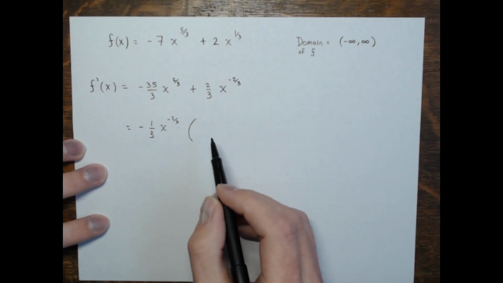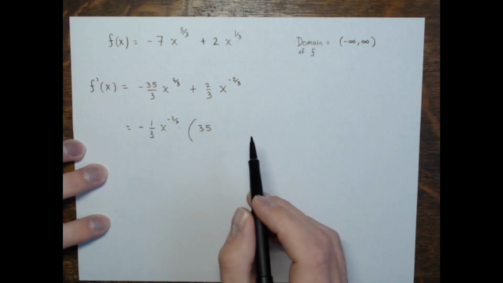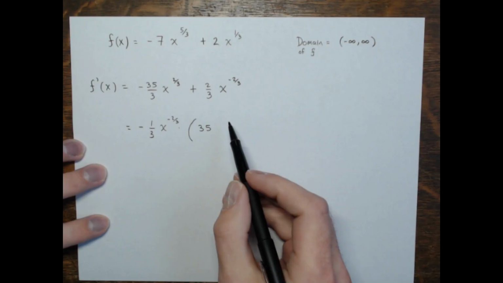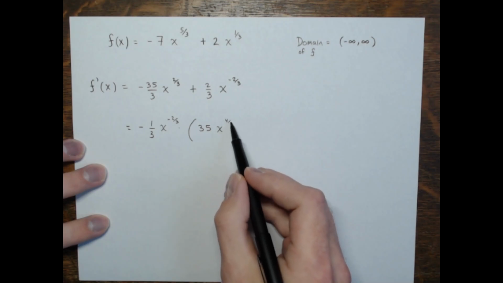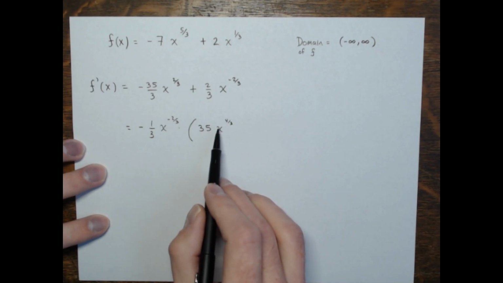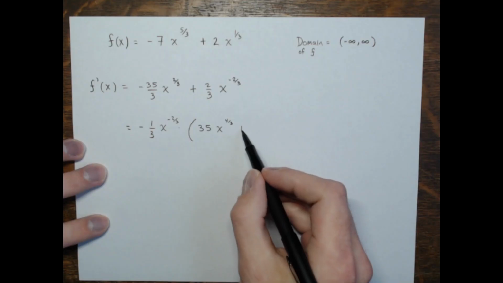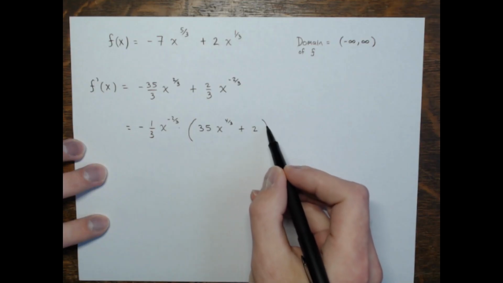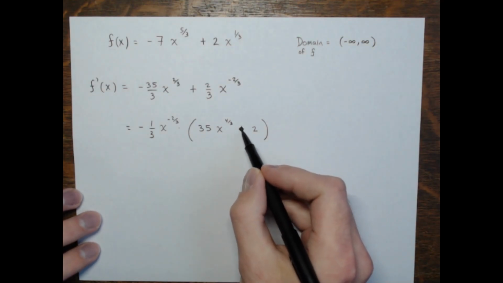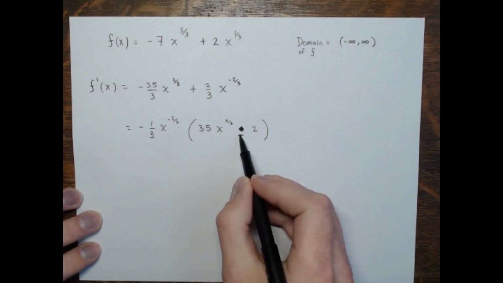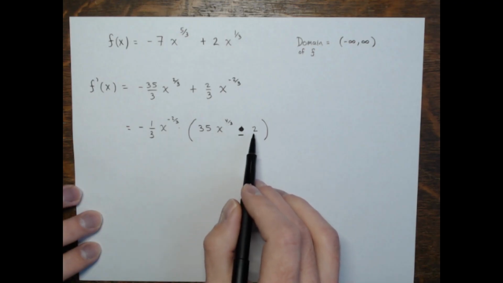And if I factored that out, we'd have positive 35 times x to the positive 4/3, right? If you were to redistribute this, you'd get this first term back. Then minus 2, because I pulled out a negative. So 35x to the 4/3, minus 2.